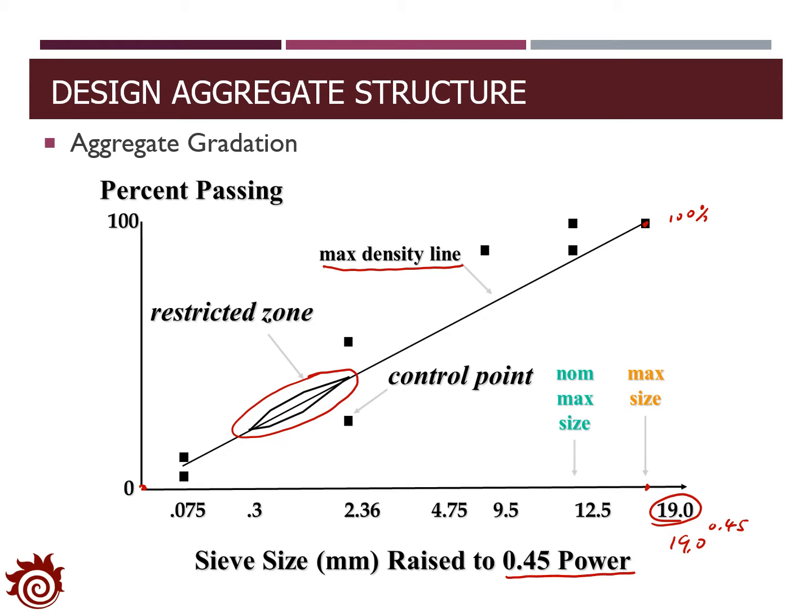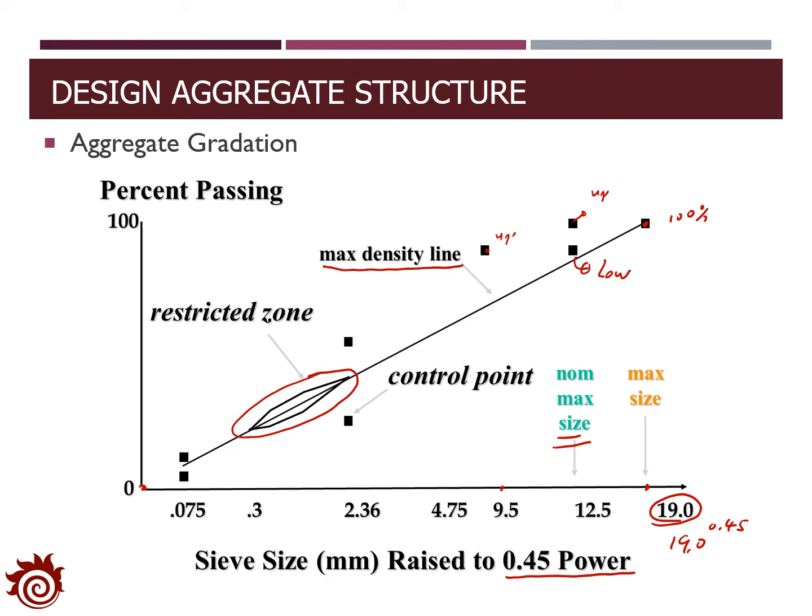Moreover, in this power chart, we have some upper and lower bounds about the percentage passing for the specific sieve size. For example, if we consider the nominal maximum size, we have the upper bound and lower bound about the percentage. For the 9.5 sieve size, we have an upper bound, and similarly we will have the constraints for the different sieve sizes.